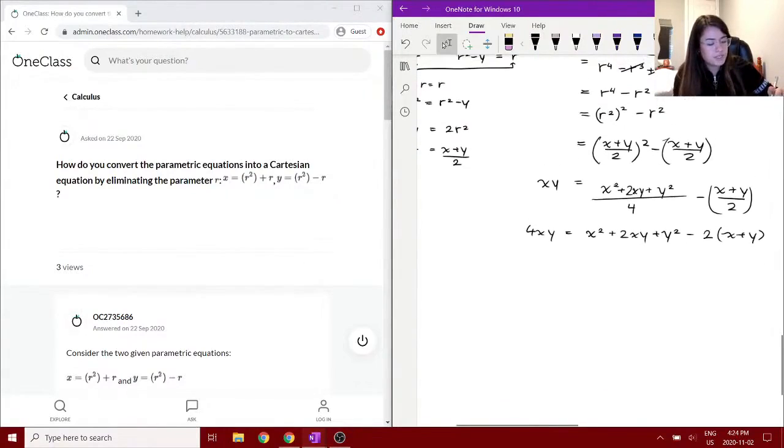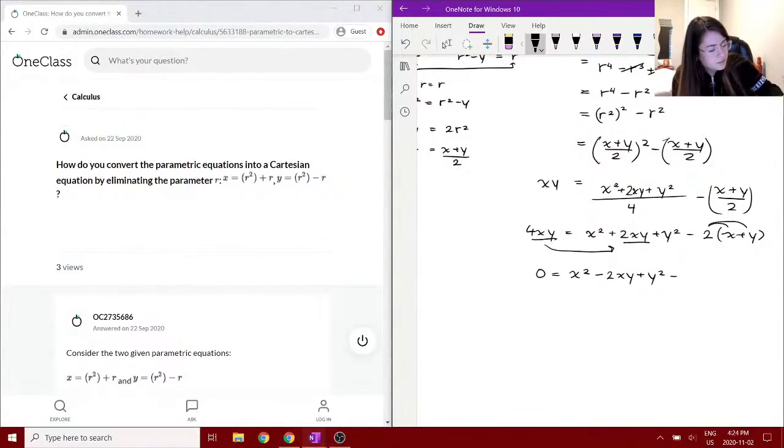We're just going to rearrange it and set it to 0 so it looks like a normal Cartesian equation. So we have xy on either side. Moving that over, we have 0 is equal to x squared minus 2xy plus y squared, and then distributing the minus 2 into the bracket, minus 2x minus 2y.